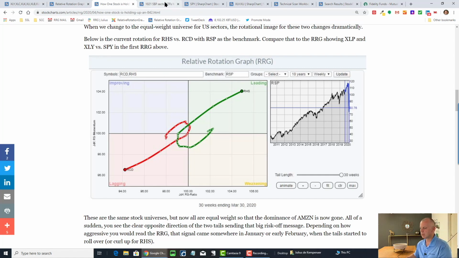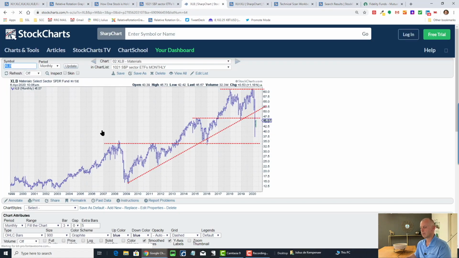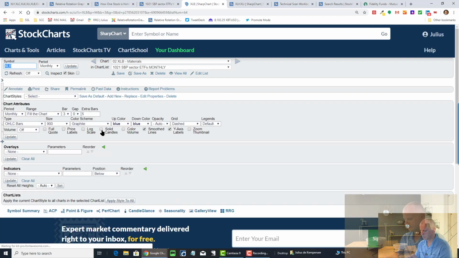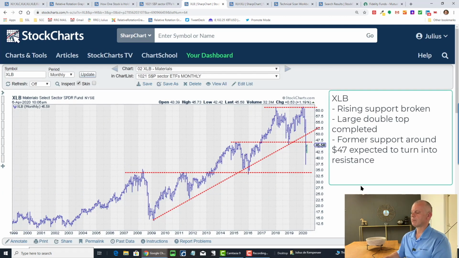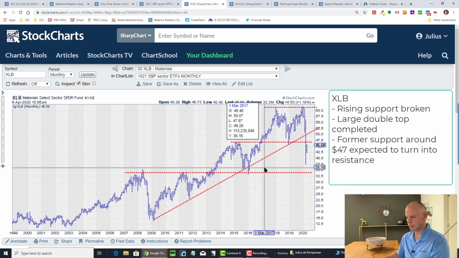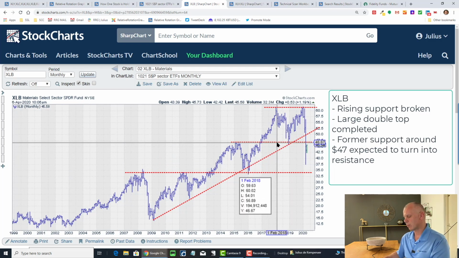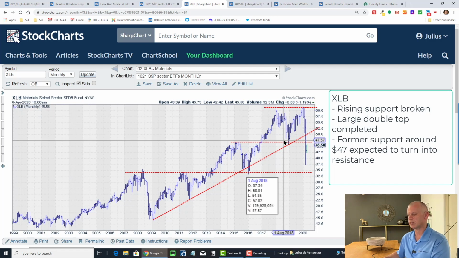Anyway, if we quickly go to the monthly charts for the month of March. March is closed. So we have materials, which clearly broke the rising support line, but now also broke, I think we qualify this as a double top.